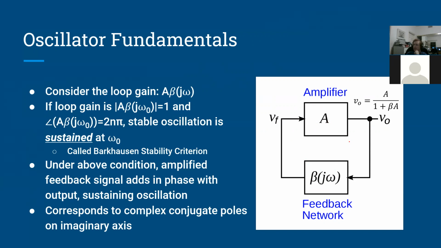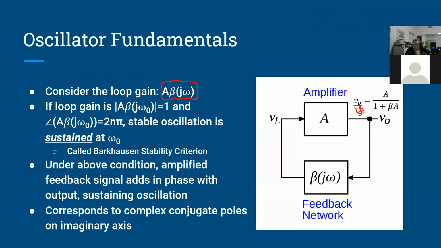If you write out the transfer function from the output to the input, it comes out to A, the gain of the amplifier, over 1 plus beta A. And this beta A term has an important name. I wrote it as A beta here, but it's called the loop gain.